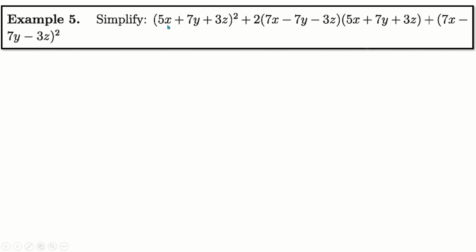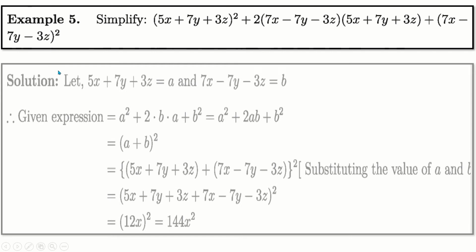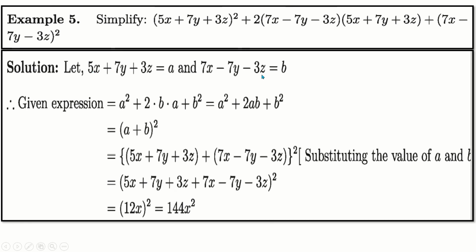Here two different terms, one is 5x plus 7y plus 3z and another one is 7x minus 7y minus 3z. So for solving we have to let this equal to A and this equal to B.